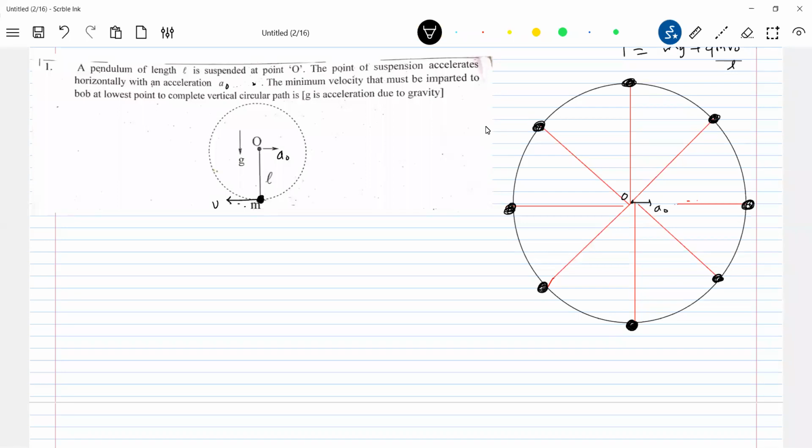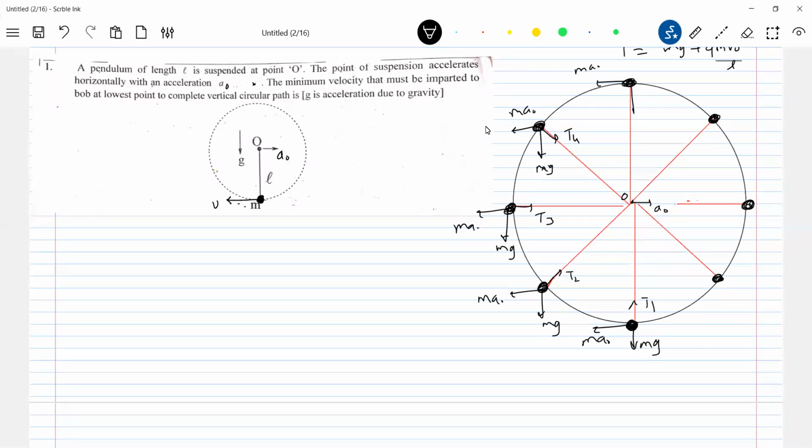Now, first we'll start at point 1. At point 1, T1, this is mg, and the pseudo force will act like this. What about here? T2, mg, and pseudo force. Pseudo force, mg, and T3. We have to analyze things. Here the pseudo force ma naught, mg, and T5.